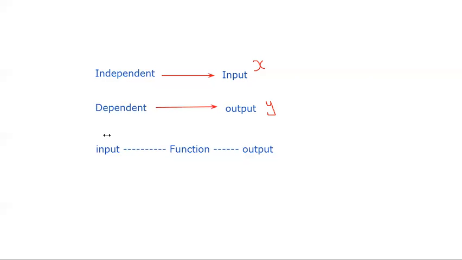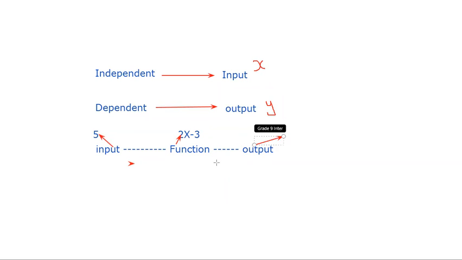Let me give you an example. For input, if I'm going to drop 5 and the function were 2x minus 3, and I'm looking for the output. Is there anyone who can help me find the answer for this one? So the input was 5 and the function was 2x minus 3, and I'm looking for the output.